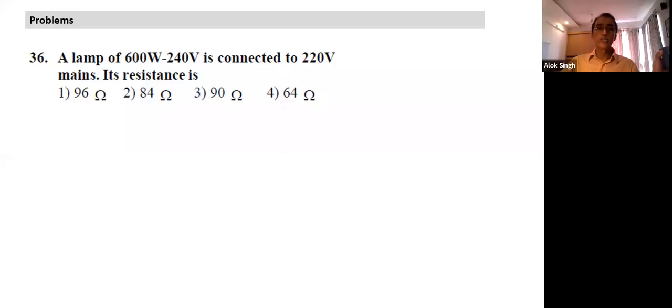So it will function properly only when it is connected to the appropriate voltage. Voltages in different countries are different, so it doesn't behave the same. Okay, so this is a lamp here. It is not connected to 40 volts, it is connected to 240 volts. What is the resistance? Can you calculate the resistance based on this information?